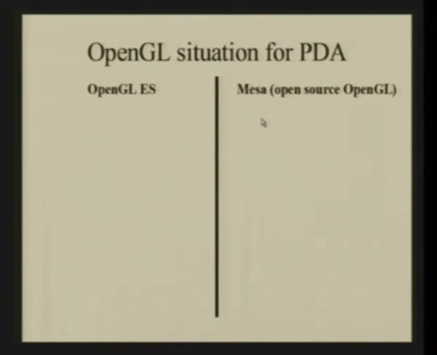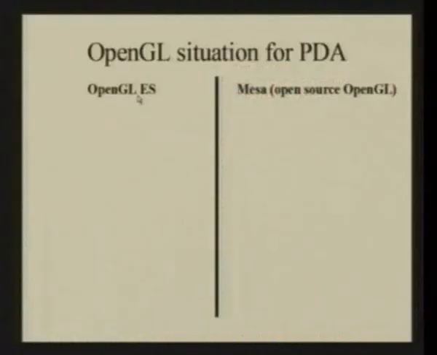Then, when Ghost was running with the first test, I had to work on OpenGL, and that was quite a difficult choice. I could use OpenGL ES for embedded systems, which is what exists today for mobile devices. But I also had a look at Mesa, the open source OpenGL library. I will explain.